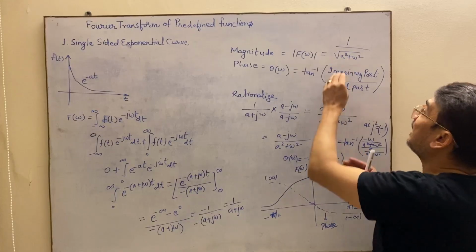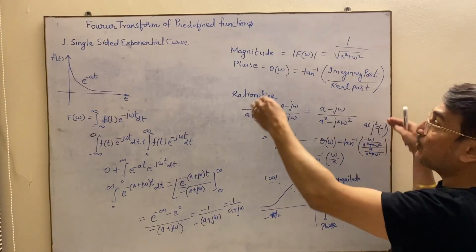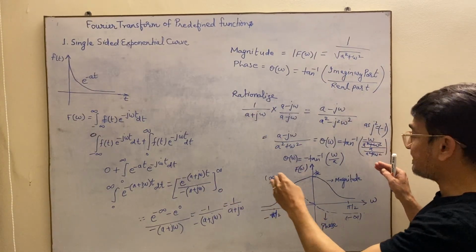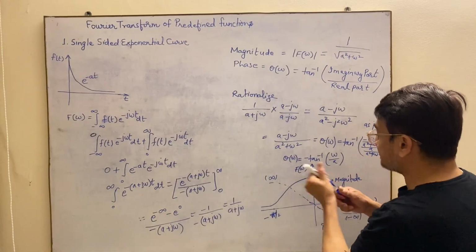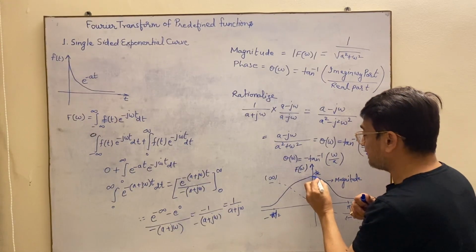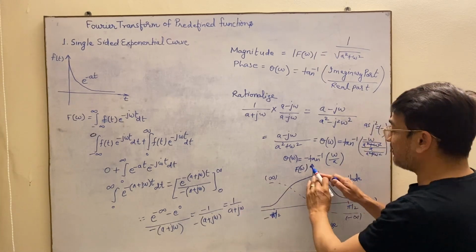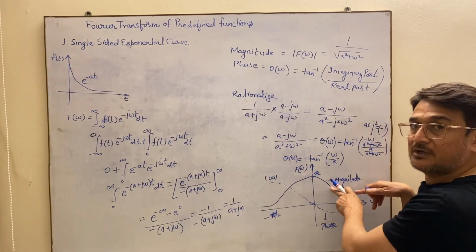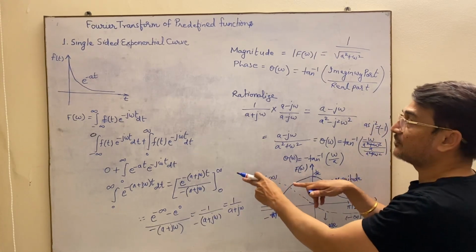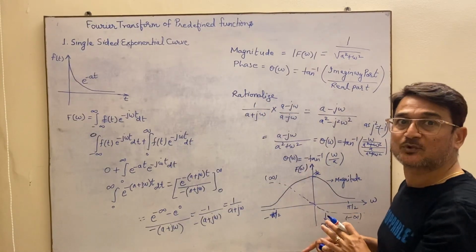So that way it will be reducing at both ends, in the negative as well as the positive side. So this is the maximum value, and then it will start decreasing in both directions. So this way you can plot the magnitude of the Fourier transform of single-sided exponential curve.